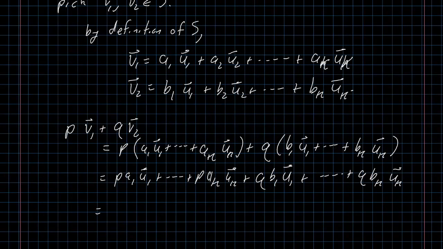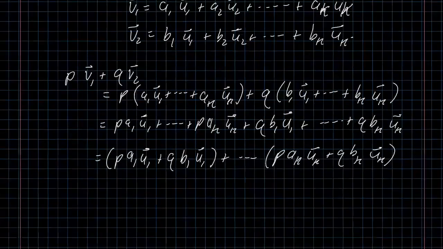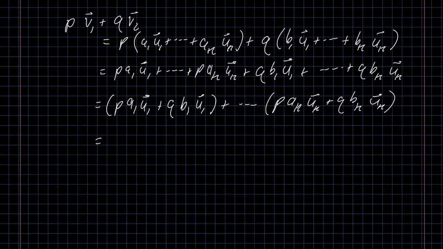And then I want to regroup things so that all of my U1 terms are together. So PA1U1 and QB1U1, and all the way down to PAKUK plus QBKUK. And then I can factor out the vector.